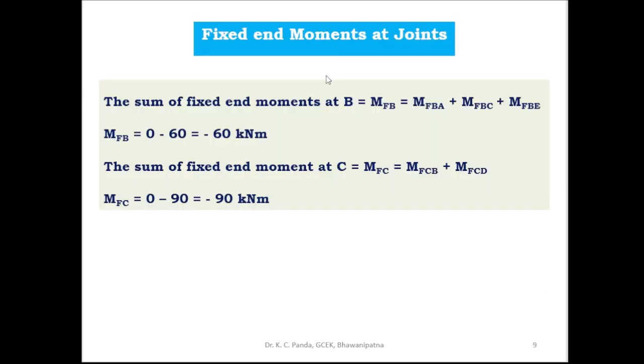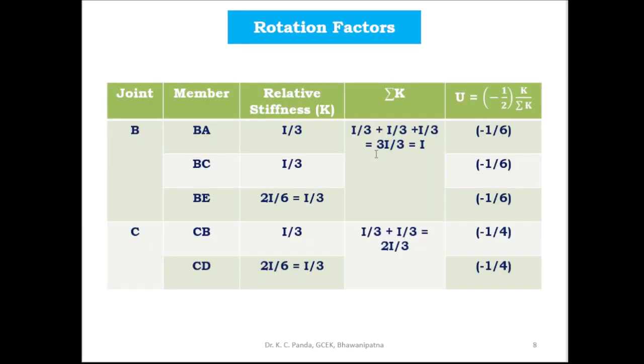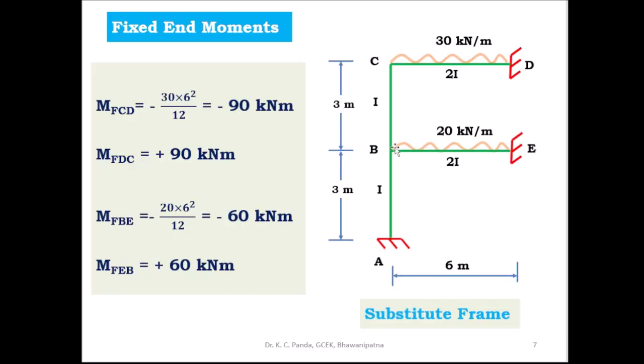Then find out the fixed end moments at joints. So as you know, at the joint B three members meet. So you know the fixed end moment of member BE, MFBE, but MFBC and MFBA are 0. There is no loading on the vertical member.